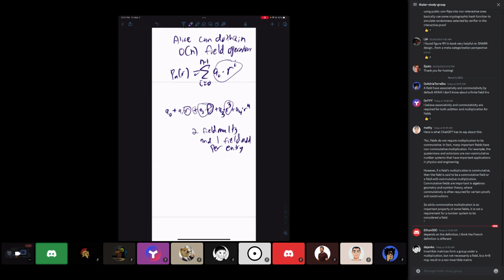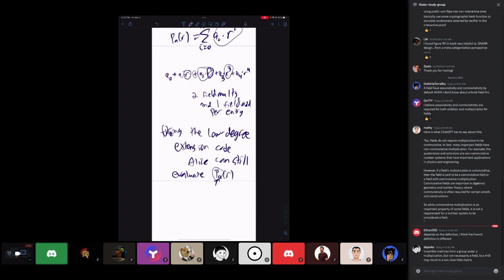So it turns out that using the low degree extension code rather than the Reed-Solomon code, Alice can still, even though it's less obvious, evaluate the associated polynomial. Now this is no longer the Reed-Solomon encoded polynomial, it's the low degree extension polynomial, in order n field operations.